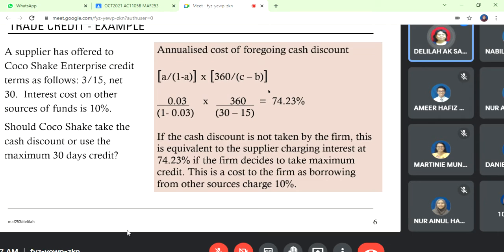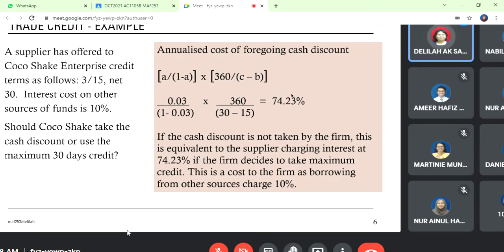Now remember, we are looking at this problem with your company as the debtor. So if we do not take the cash discount, the cost is 74.23%. It is as if we are taking a loan from the supplier at an interest rate of 74.23%.